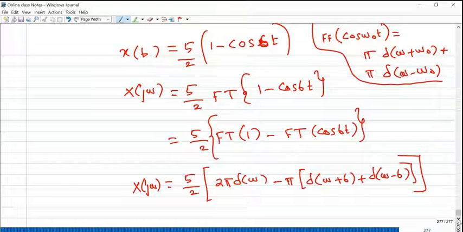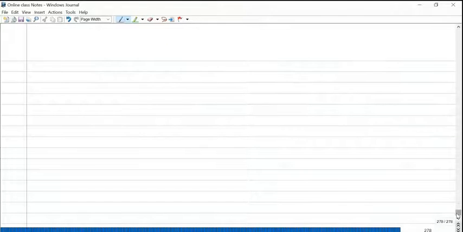Next, we move on to another property. Property number 2: the time shifting property.